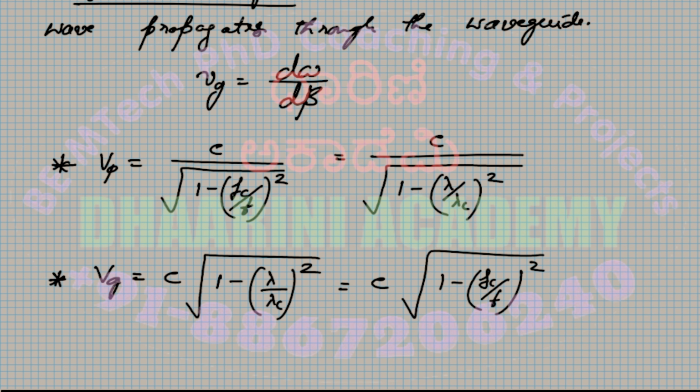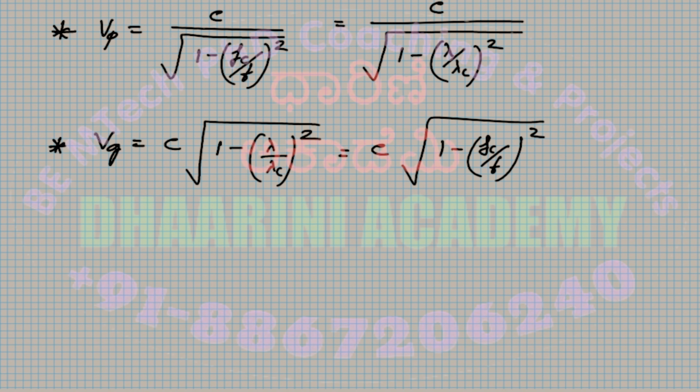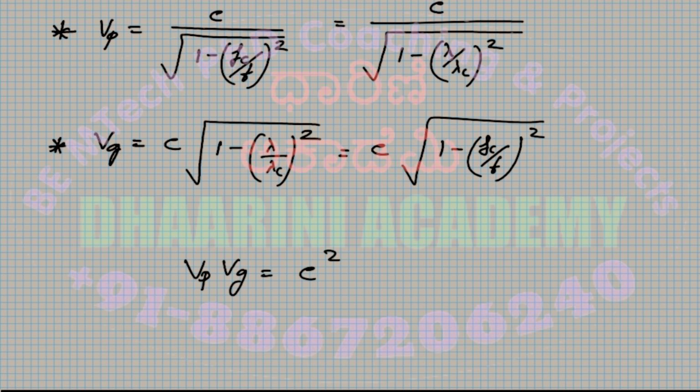From these two equations, we can come to another very important equation, that is Vp into Vg is equal to C squared. Multiply any two terms and you will see that these terms cancel, so C into C, C squared.